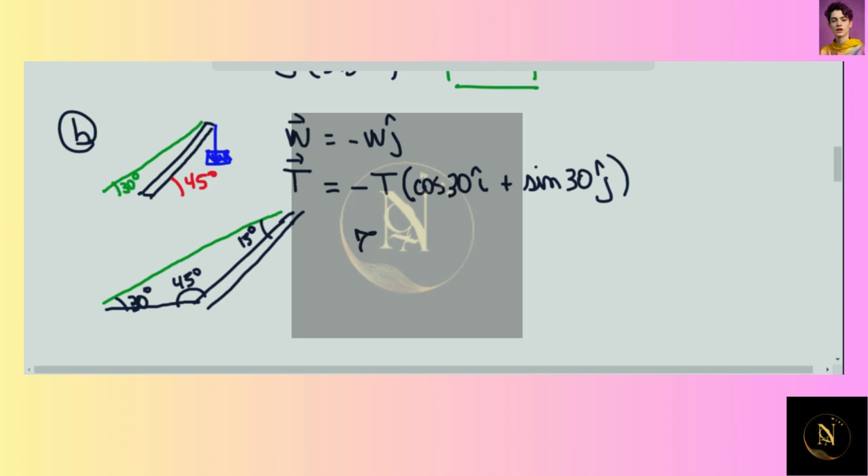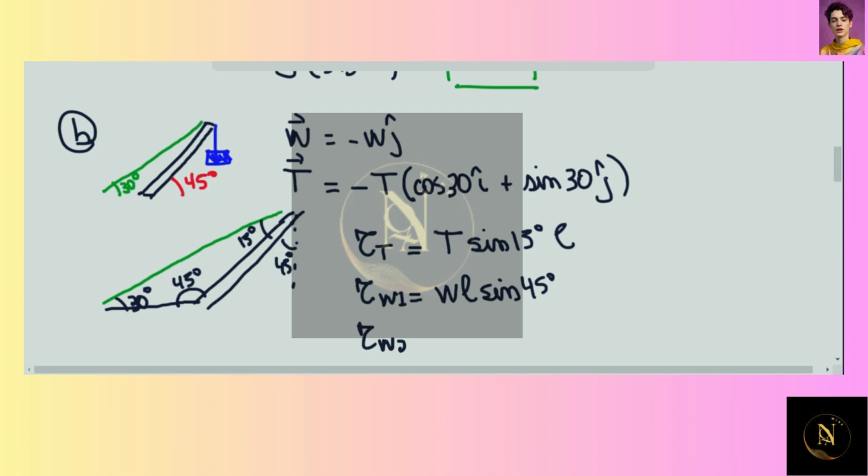So the torque exerted by the rope is equal to the force T times the sine of 15 times L. The torque exerted by W, the gravitational force on the block, is equal to WL sine of 45, because this angle here must be 45.